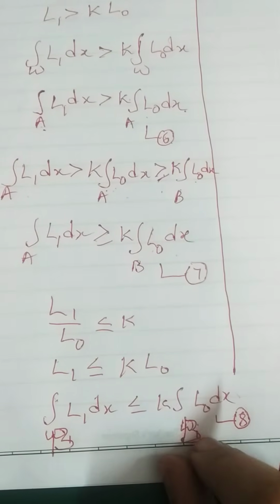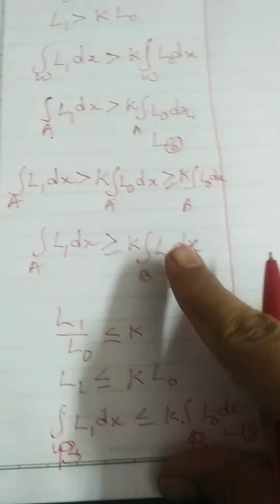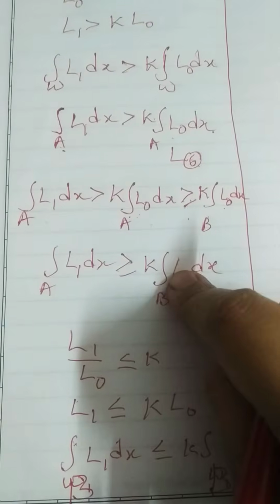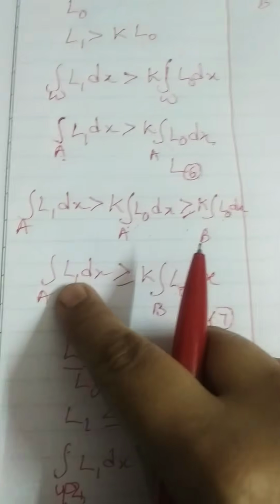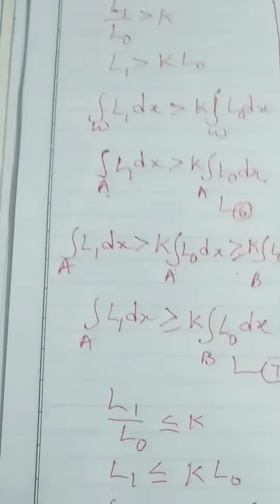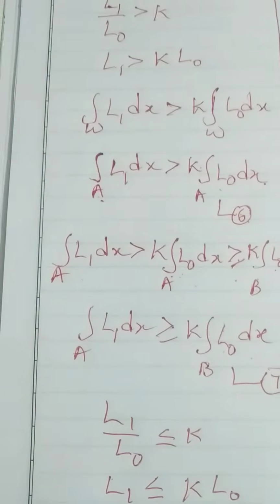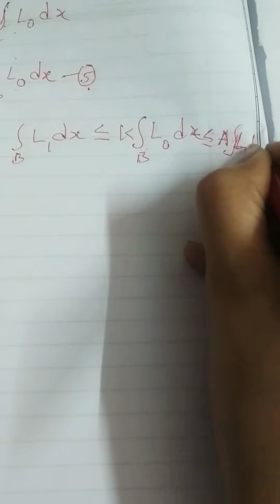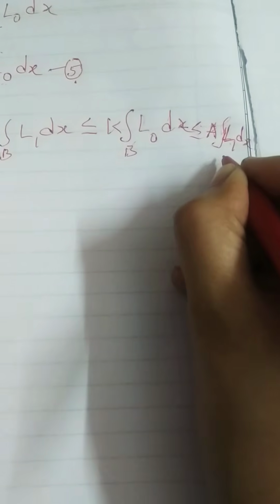Then B L0 dx integral k is here same. So this value I will write, instead of this two are same, no, this value I am writing here. This place I am writing less than or equal to this value. A, it is A integral of L1 dx. This value is A, right?